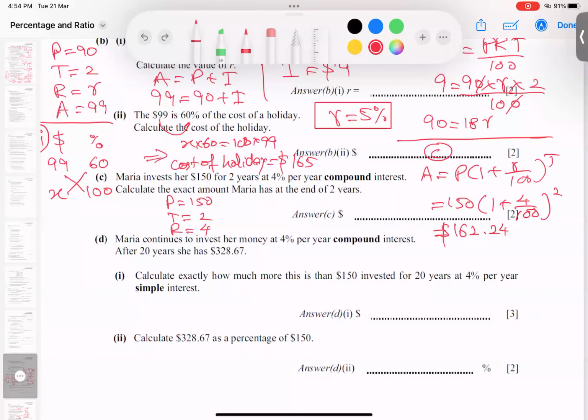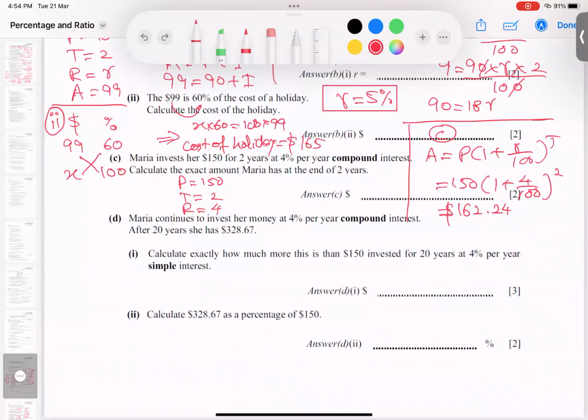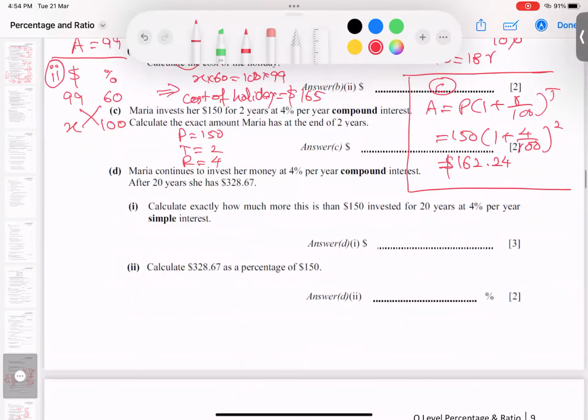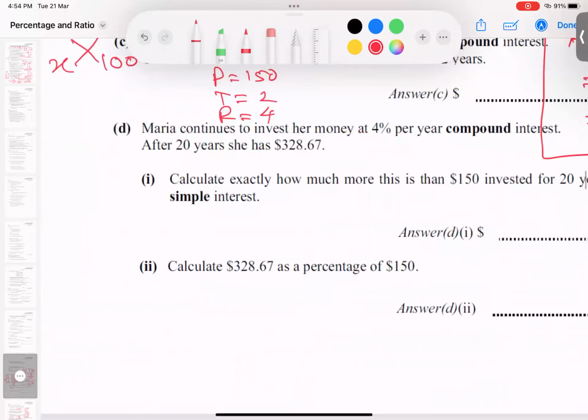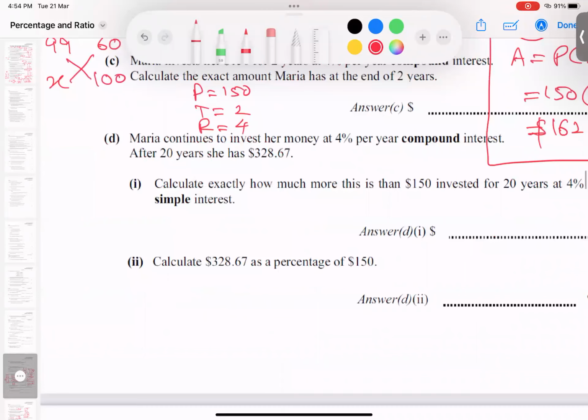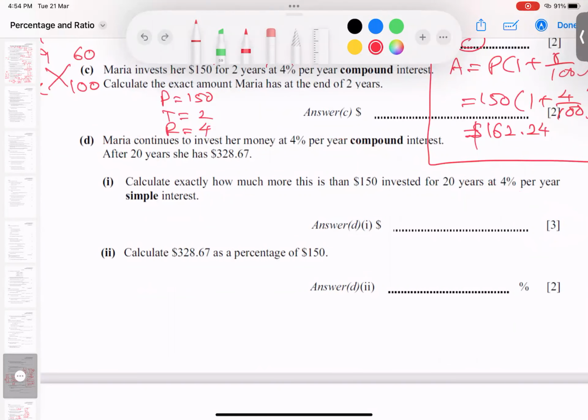Now I'm going for the D part. Let me read. Maria, this is very interesting because here it is a 3 marks question. This part is 3 marks only. Let's start. Maria continues to invest her money at 4% compound interest.